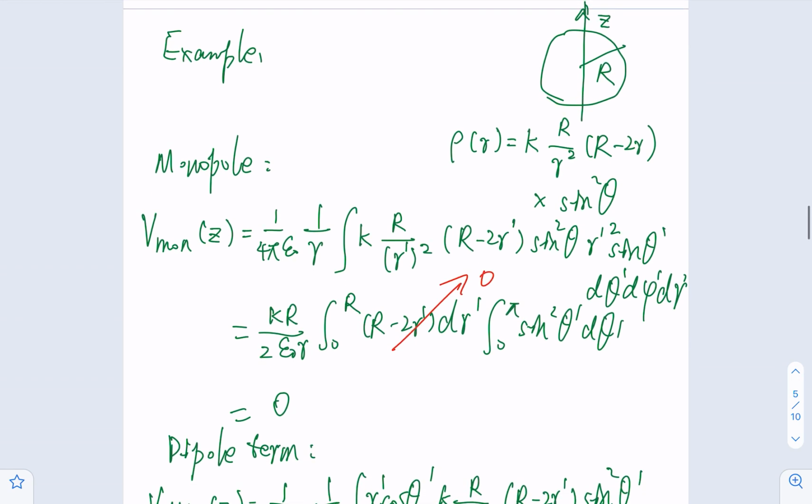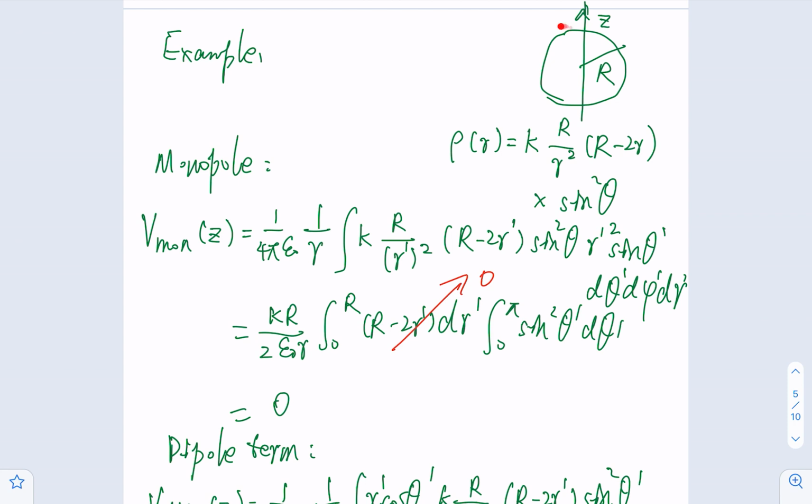Now here I'm giving an example and calculating the multipole expansion term by term. So here the charge density I'm trying to look at has the form of k over r squared times capital R minus 2r times sine theta squared.